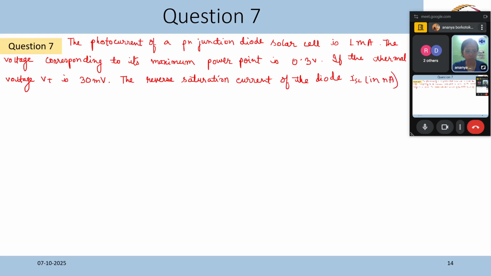I don't know why the expression is given as ISC, to calculate the reverse saturation current in nanoampere. What is the value? So that's okay.